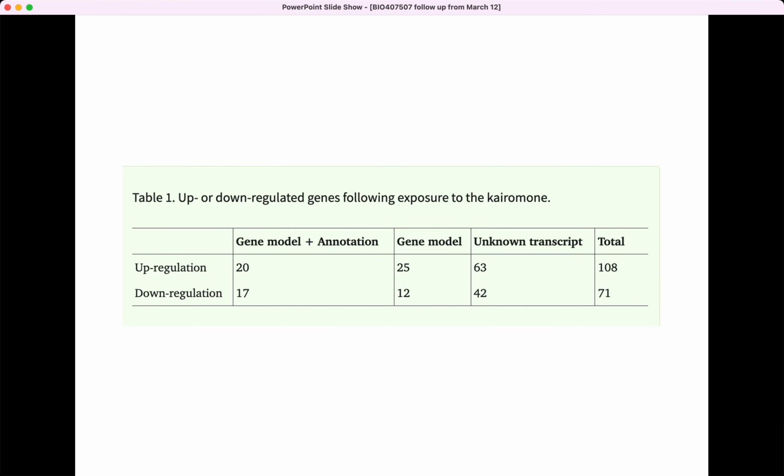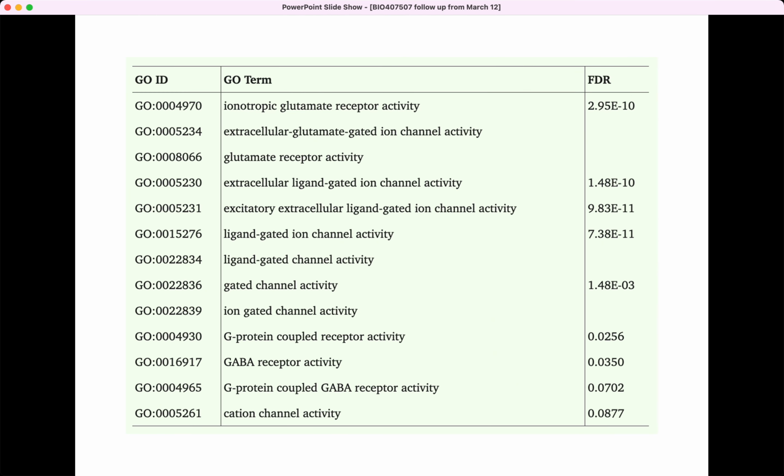But what they did is this very modern tool of looking at all the genes and looking at changes in gene expression to identify genes that go up and down in the presence of this pheromone. Okay? And they found a bunch of genes.